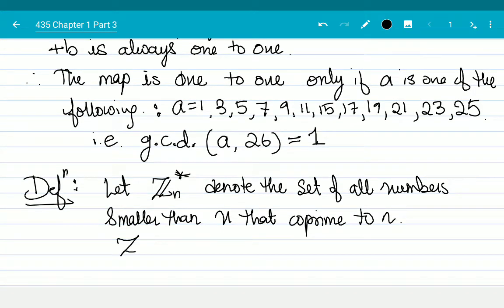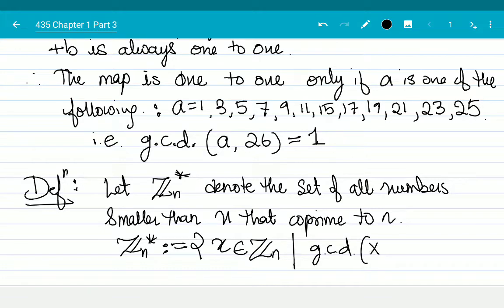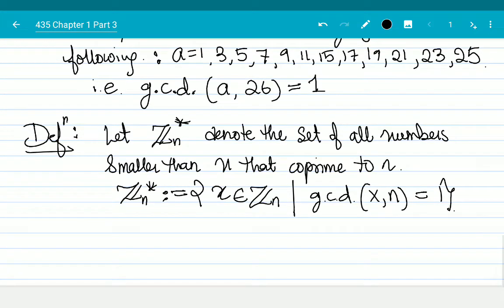So in other words, Zn star is defined to be the set of all x in Zn such that GCD of x comma n is equal to 1. Okay? And now the question becomes, can I prove that this is 1-to-1?